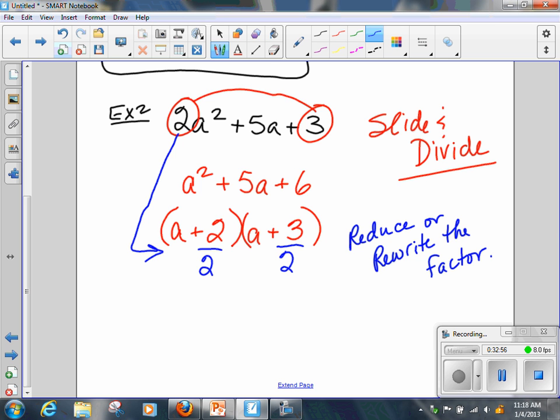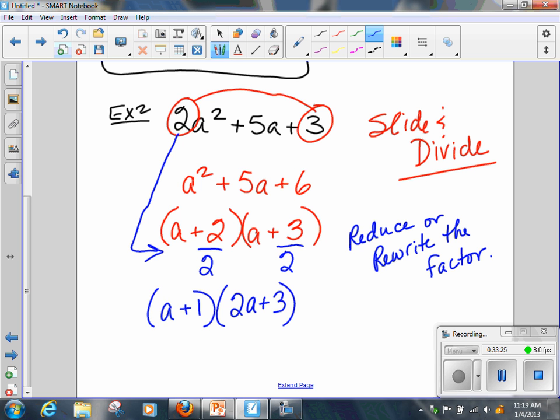We either have to reduce, what's 2 divided by 2? 1. Or we have to rewrite. How will I rewrite a plus 3 over 2? Say it, Kelly. 2a plus 3. All I did was I took that denominator, I made it the coefficient of that first term, and then I wrote it as plus that numerator.